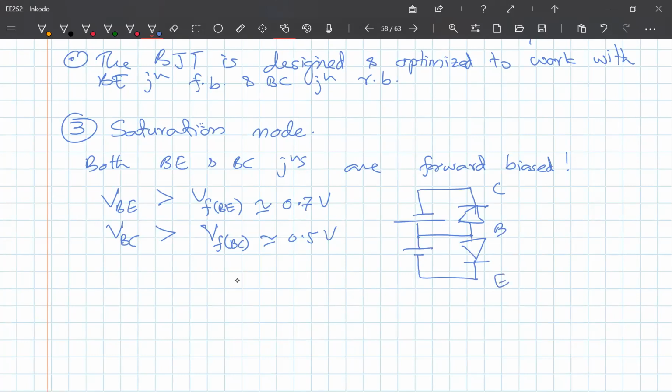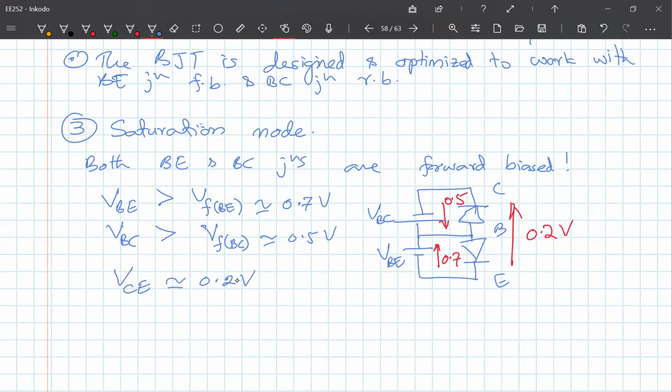So this is VBE, this is VBC. If this value is 0.7 and this value is 0.5, what is this value? This is about 0.2 volts. So VCE, therefore, is about 0.2 volts.